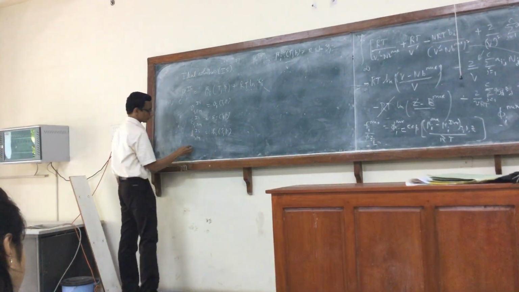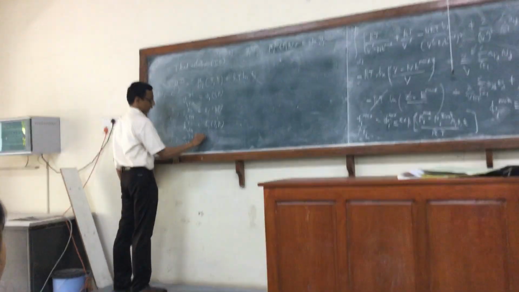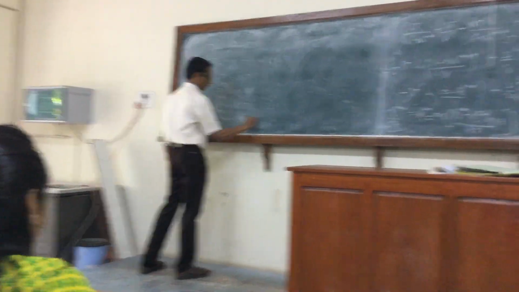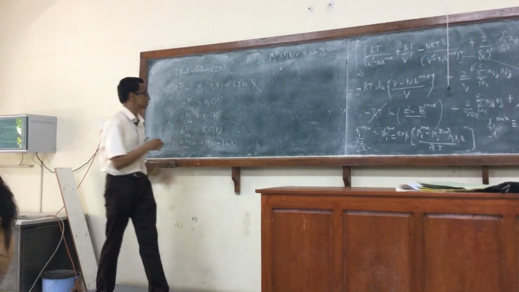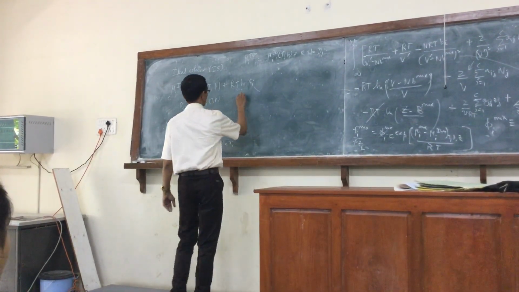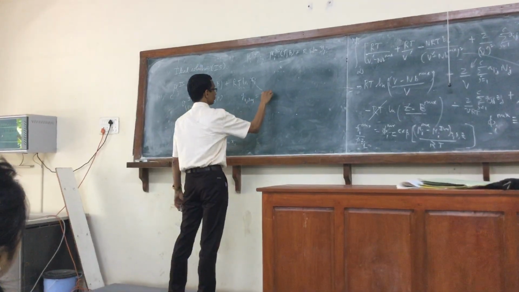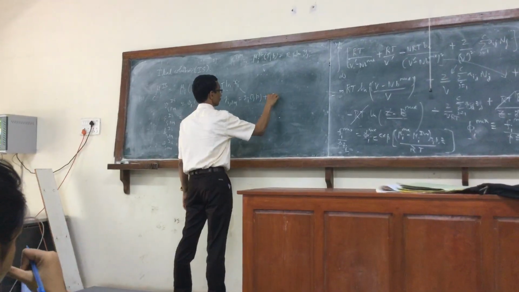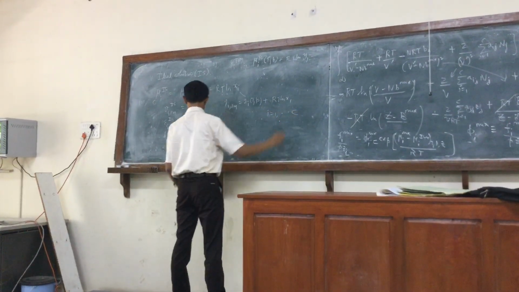I am not going to prove this. Si partial molar is si minus R logarithm xi, and similarly you can write the A and G. The chemical potential is directly given by this, so I can write that also, and so on for i equal to 1 to C.